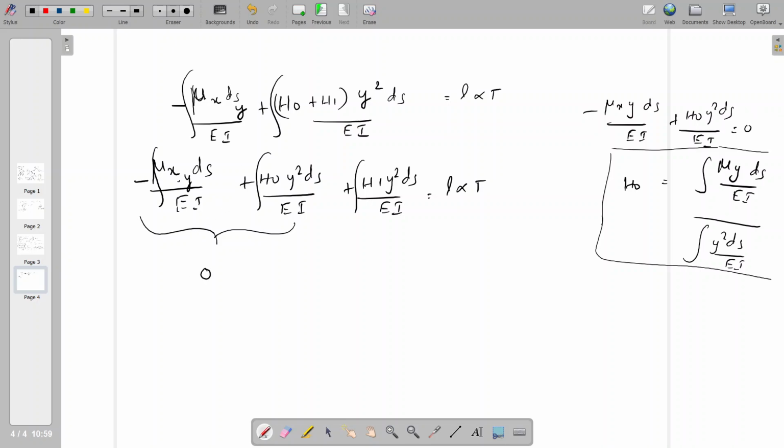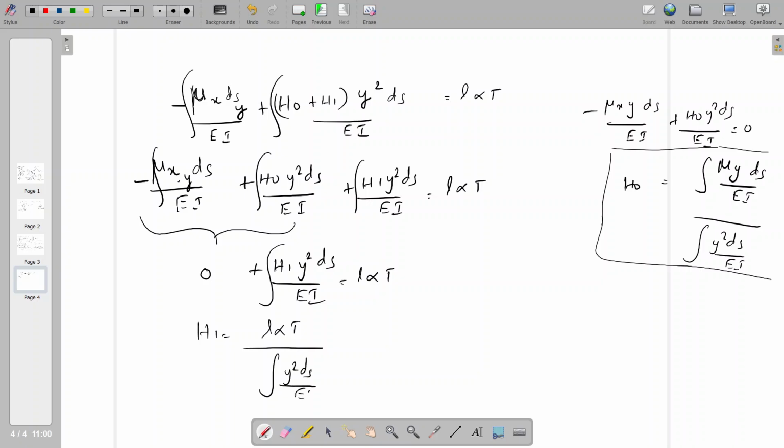So we can equate these two terms to 0, plus H1 y square ds by EI equal to L alpha T. So H1 equal to L alpha T by the integration of y square ds by EI. Here we can consider ds equal to dx secant theta and I equal to I0 secant theta for our comfort.